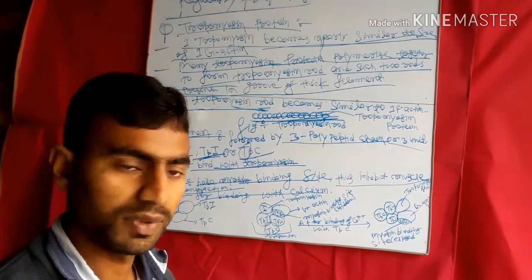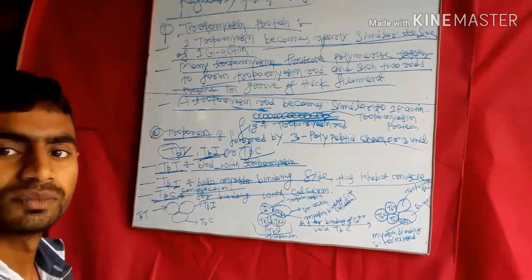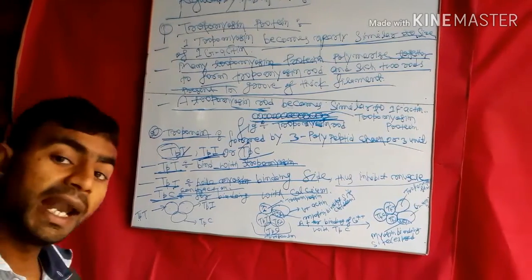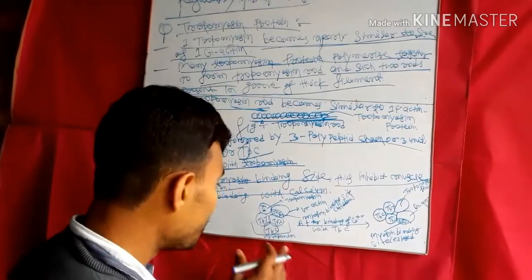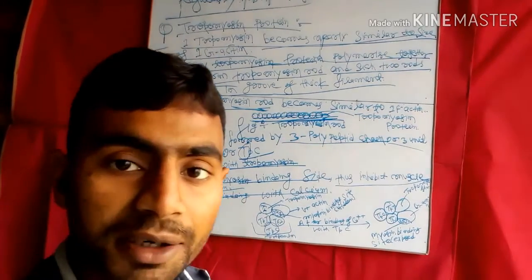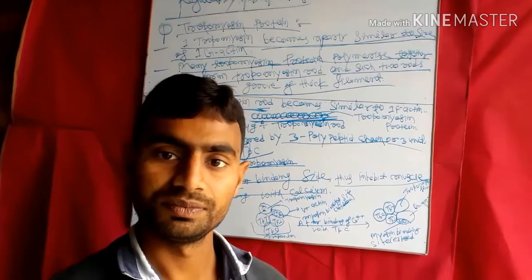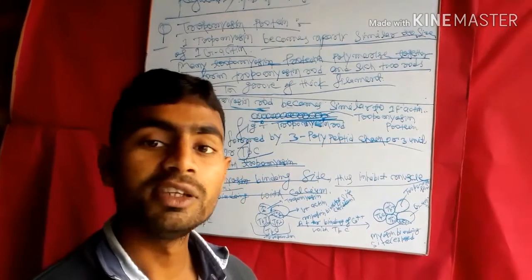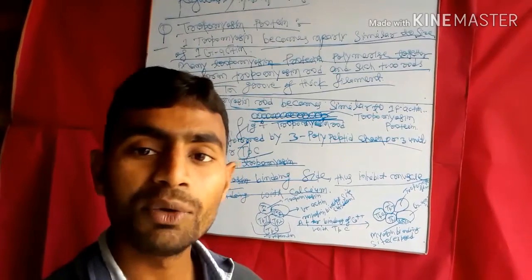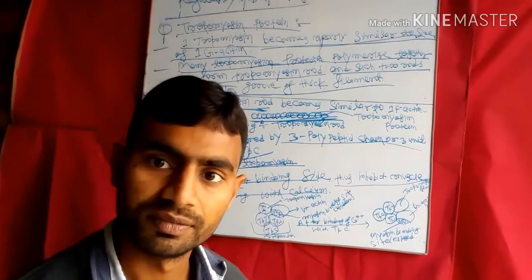When calcium ion binds with TPC, what happens? Before calcium ion is bound with TPC, the myosin binding site is inhibited, it is hidden.